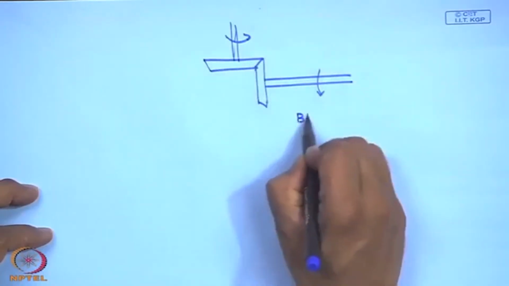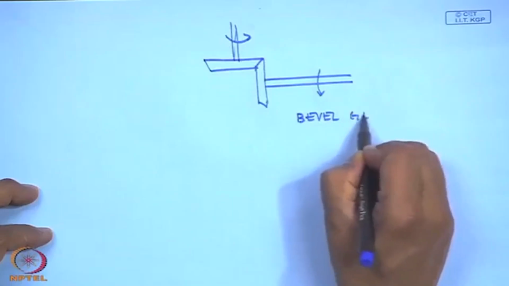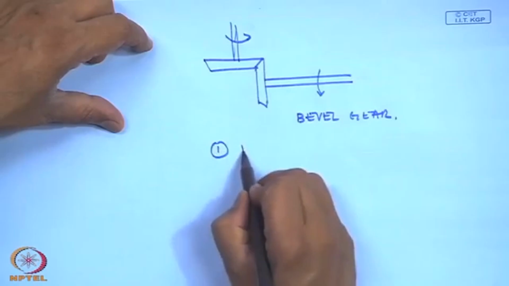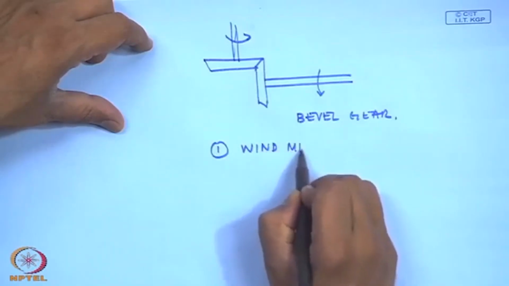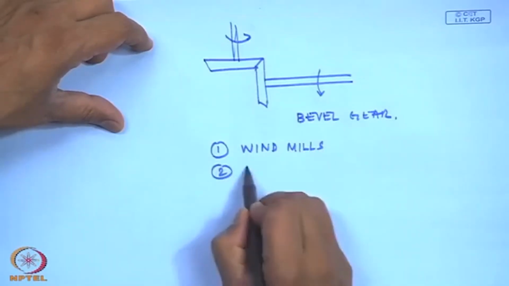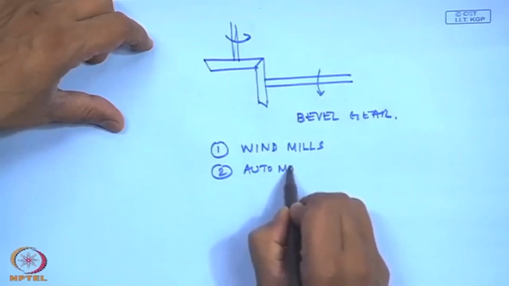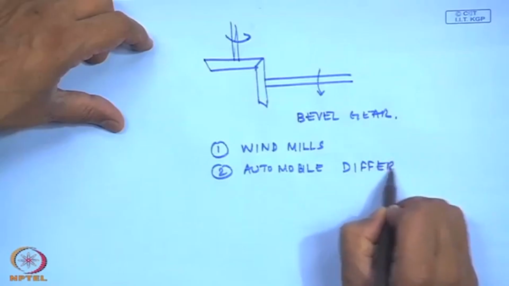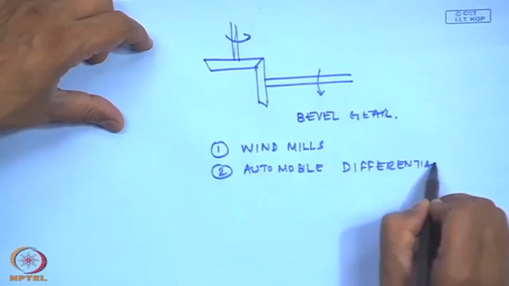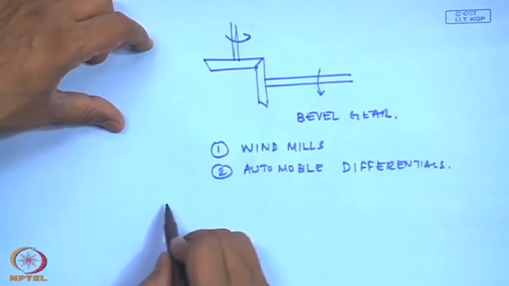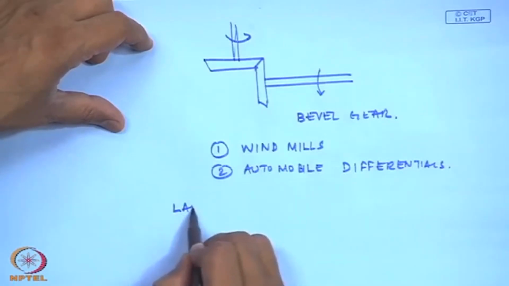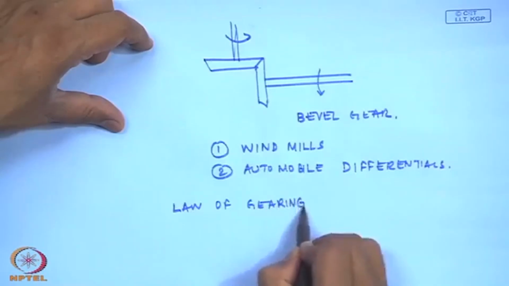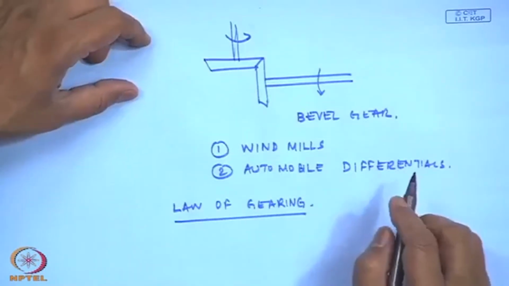So, this is a bevel gear arrangement, and such gears you will find in windmills, in automobile differentials, and of course, they all have to obey the law of gearing while they are in motion.